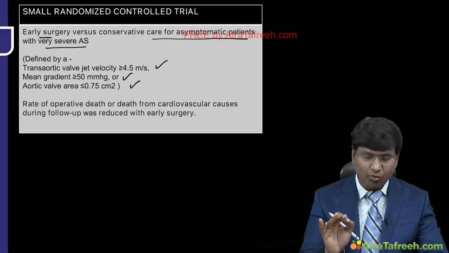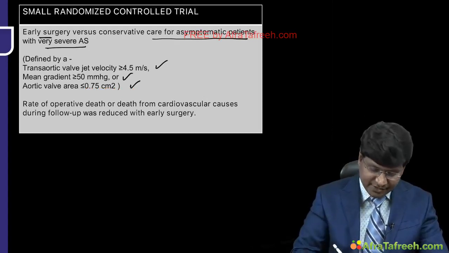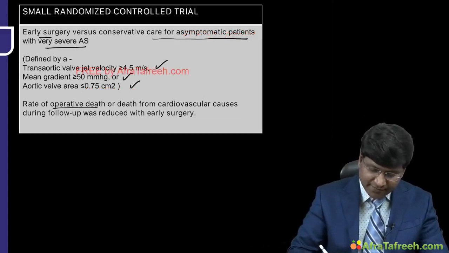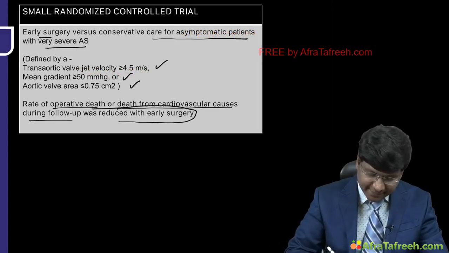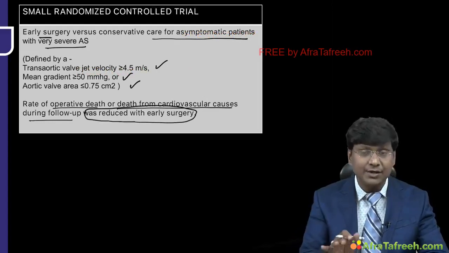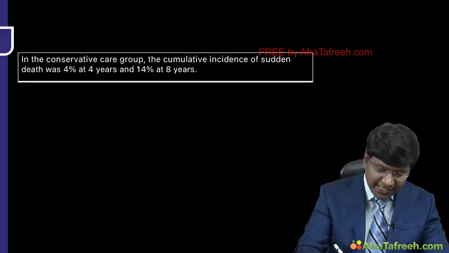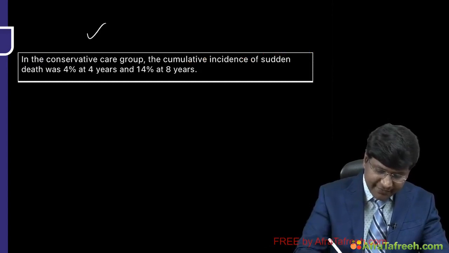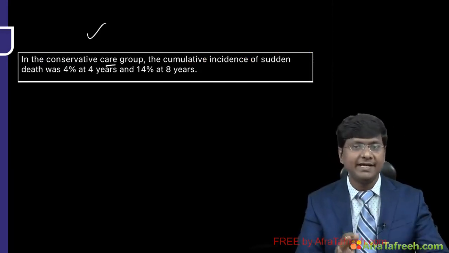Okay. Now, what they found as a result is that the rate of operative death or death from cardiovascular causes during the follow-up was reduced with early surgery. Okay, reduced with early surgery. Whereas in the conservative care group, there was mortality present.